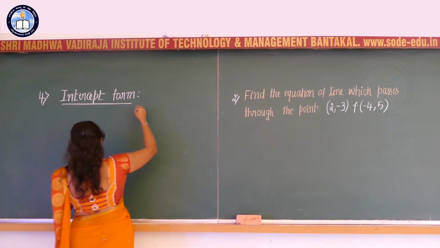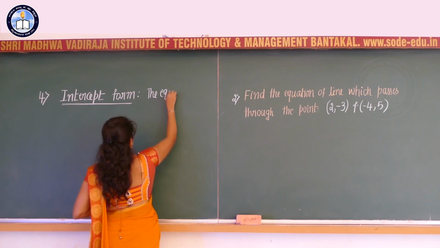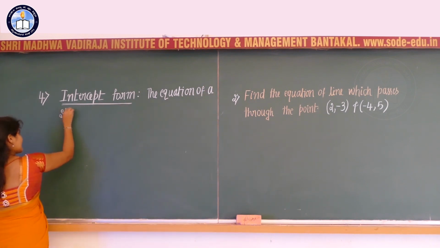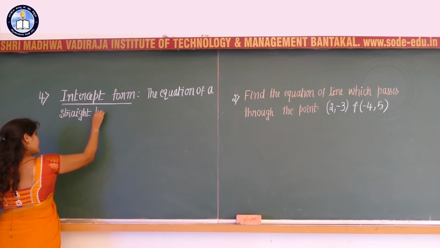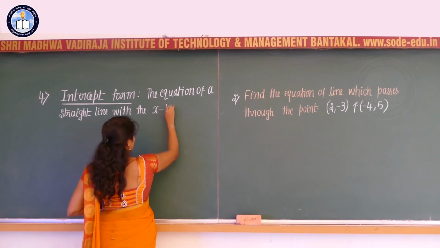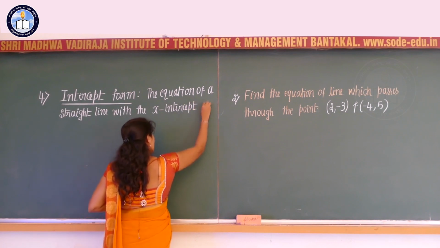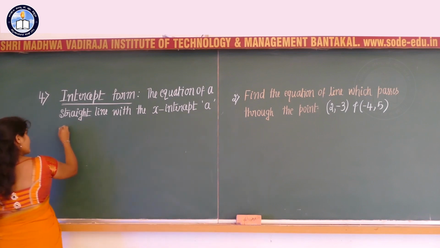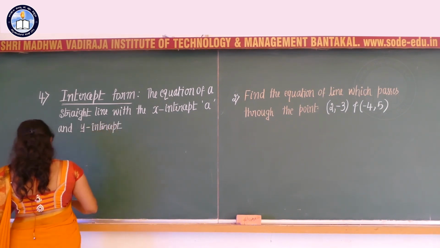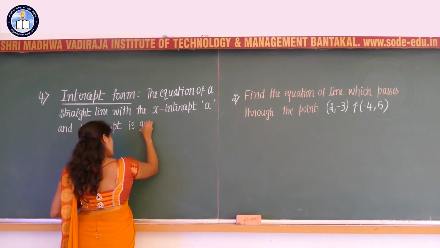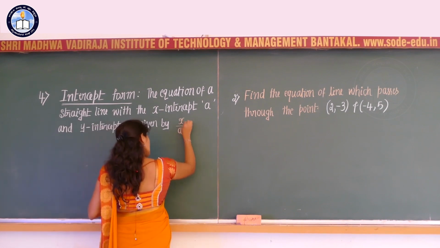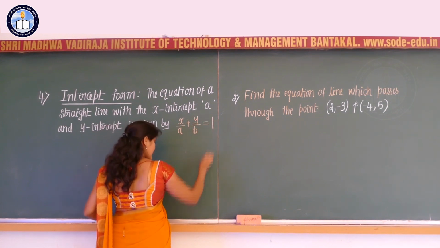Let me type the result or the statement. The equation of a straight line with x-intercept A and y-intercept B is given by x divided by A plus y by B is equal to 1.